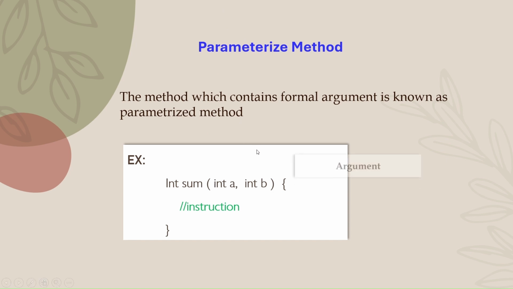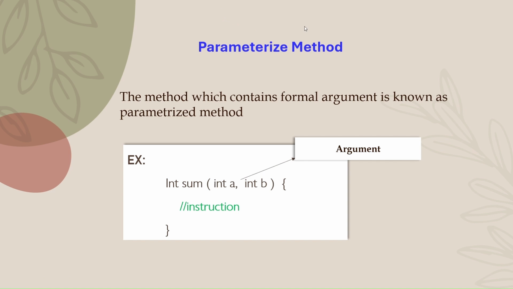And you can see here the arguments passed inside the method make it a parameterized method. So int a, int b means we are creating two variables here, int a and int b. That is why this method is considered a parameterized method, and the variables inside are called arguments.